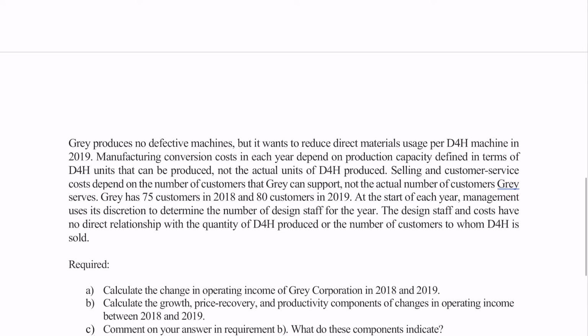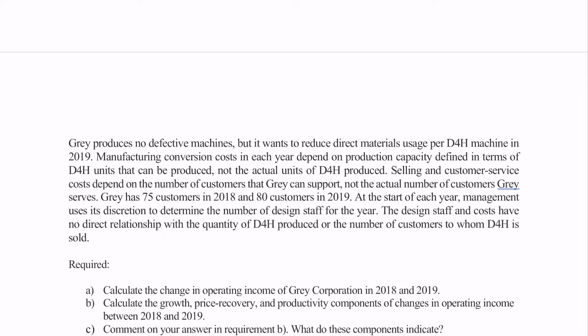What is important to read here? Gray produces no defective machines, but it wants to reduce direct material usage per D4H machine in 2019. Manufacturing conversion cost in each year depends on production capacity defined in terms of D4H units that can be produced, not the actual units of D4H produced. Selling and customer service cost depends on the number of customers that Gray can support, not the actual number of customers Gray serves.